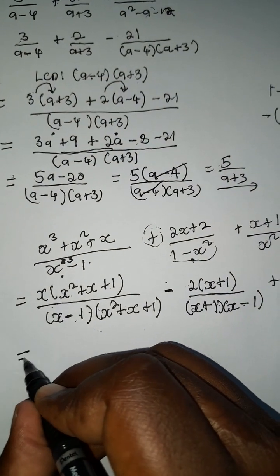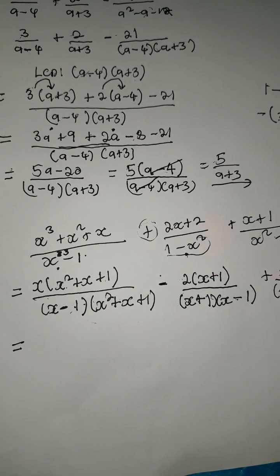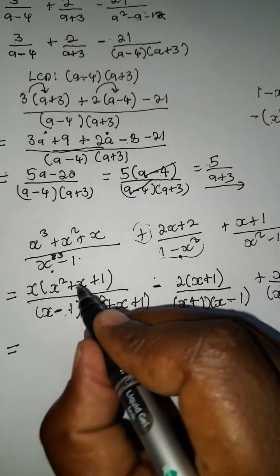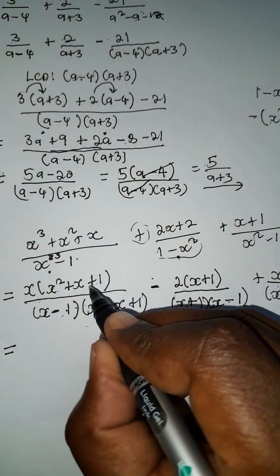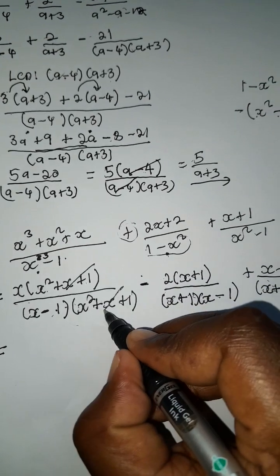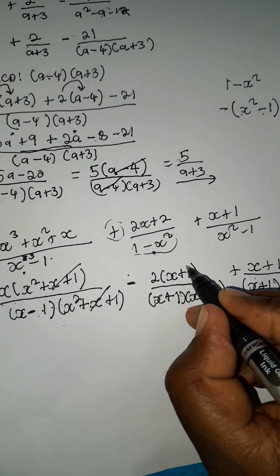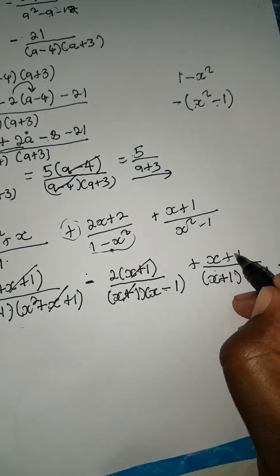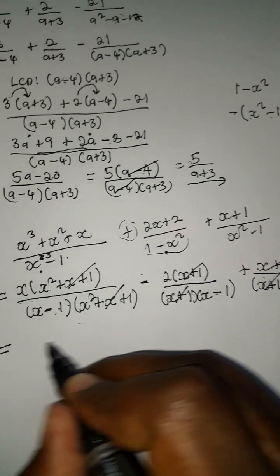So from here, third step, common brackets will cancel each other. We have x squared plus x plus 1, we have x squared plus x plus 1. These cancel. We have x plus 1, common brackets, cancel. We have x plus 1, cancels. Right.